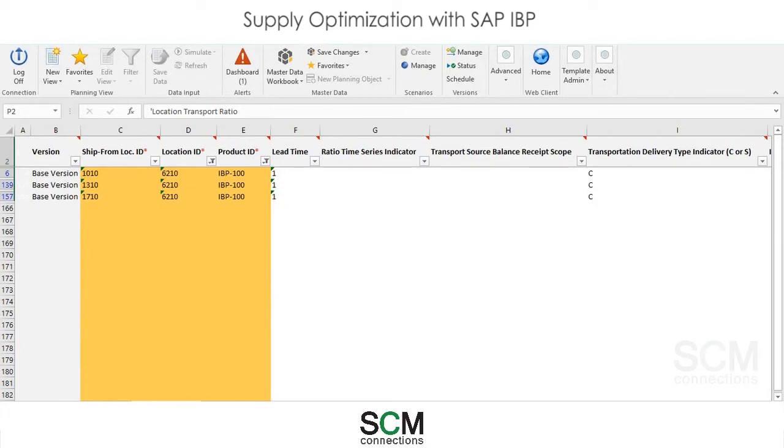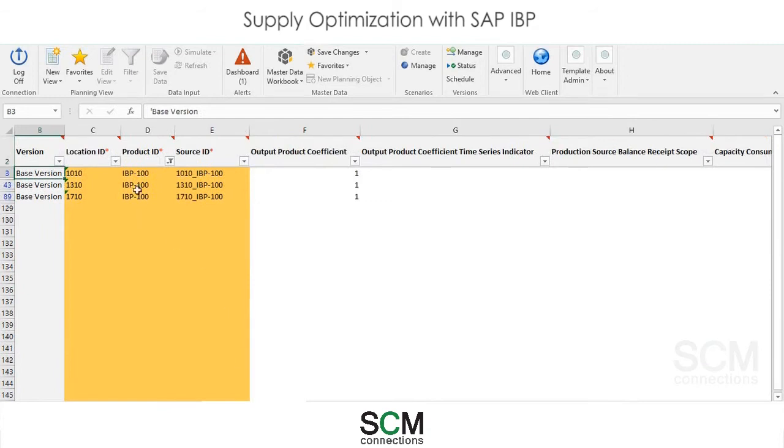So it'll see all three of these as equally likely to source the supply. In this case from 100 to location 6710, the optimizer can pick any of the three choices, but the heuristic will go 0.3 to 1010, 0.3 to 1310, and 0.4 to 1710.